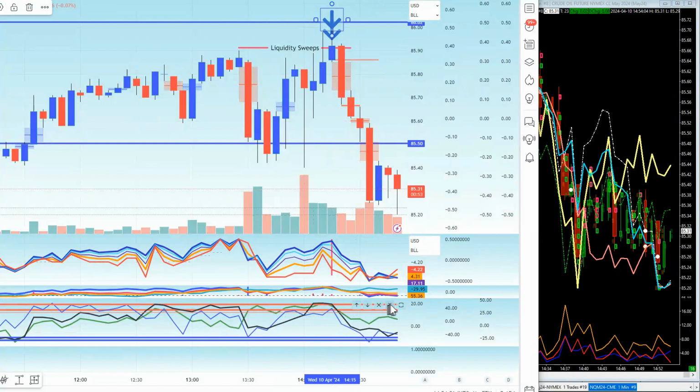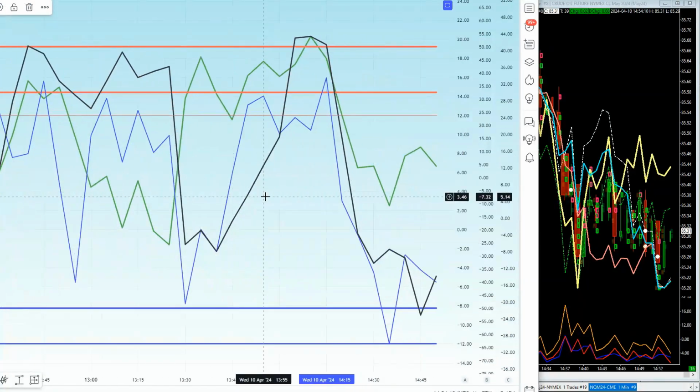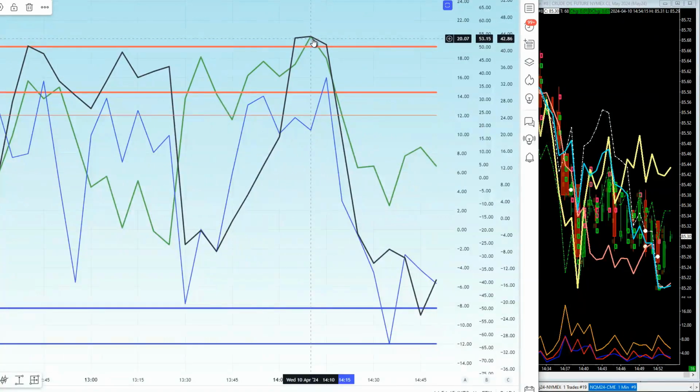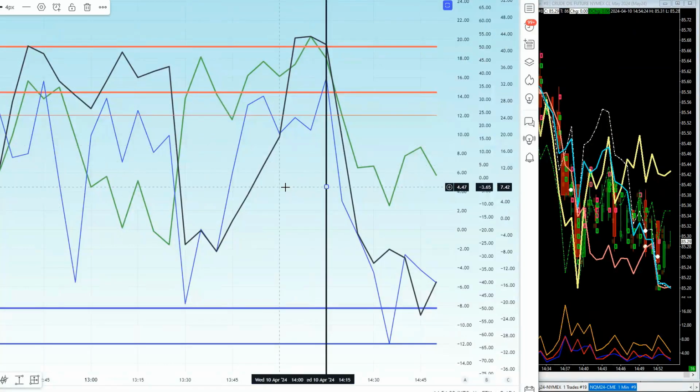So one of the other things I like to now do is look at the other elements. So here's what makes up R squared: the blue line, the green line, and the black line. If I see the blue line, the green line, and the black line, and they're all above these red thresholds, all of them are above the threshold on one candle, aren't they? Here. See it? Right there.